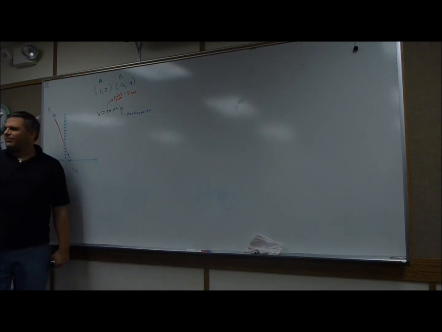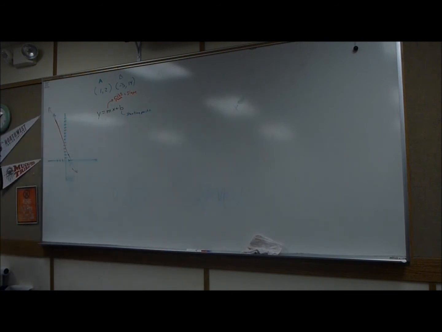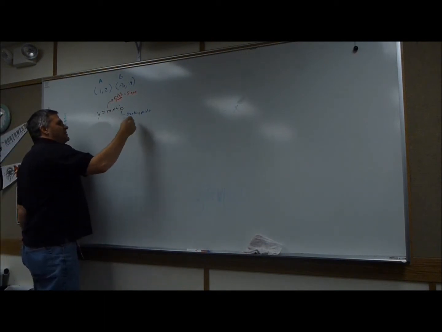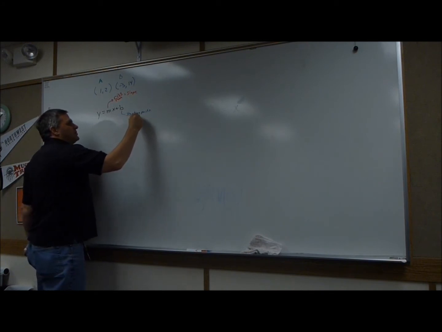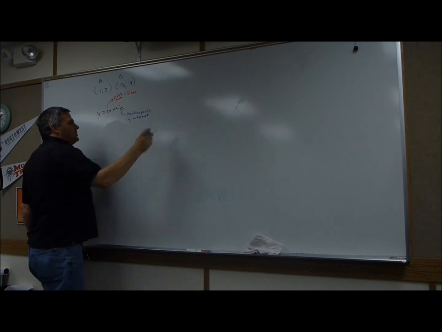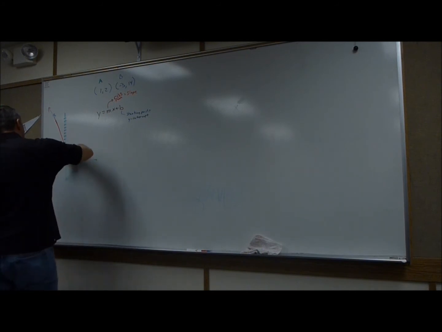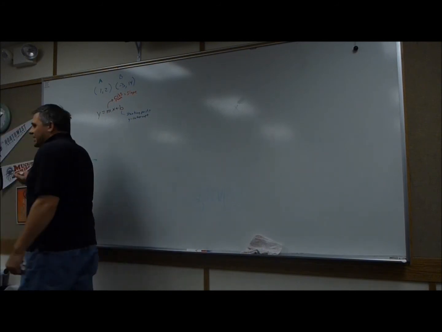What's another name for b? Fancy name. Yes, where it crosses at the y-axis, and then we use a fancy name calling it the y-intercept. Just where it crosses at the y-axis. So right now I see it crosses somewhere around 5 or 4, but it looks like it's 5.